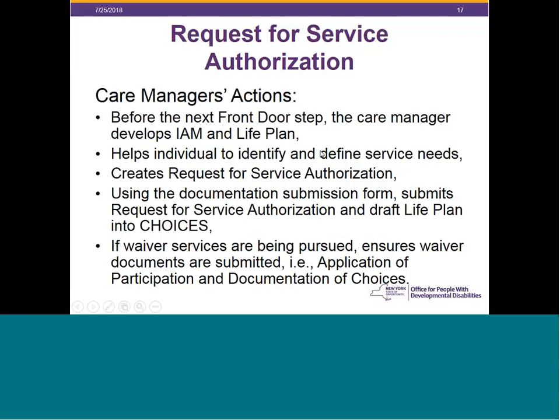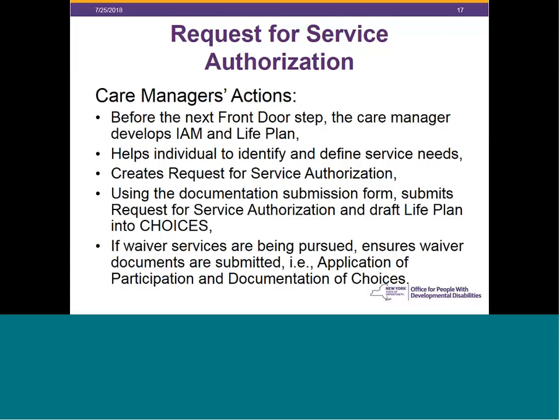However, once that does happen, then the CCO, again, either the intake worker or now I think the care manager would be involved, will be developing the IM and the life plan and fleshing out those service needs. And as that happens, then the service request for service authorization gets created, which is listing the items that are identified on the life plan that the person needs to support them.